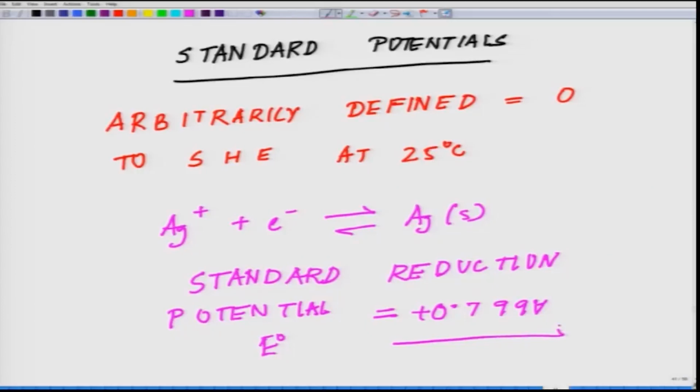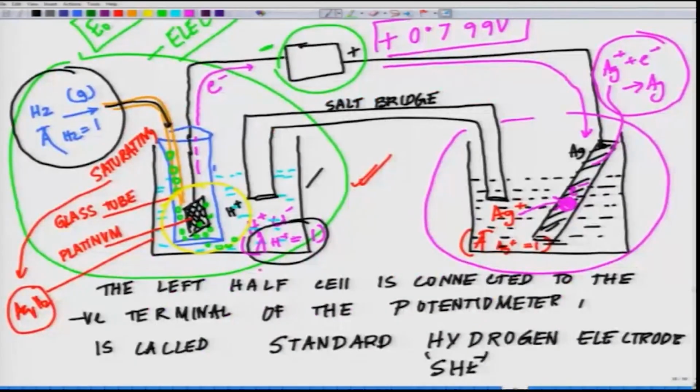Okay. And the positive tells us that the electron flows from left to right through the meter. So, the electron is flowing from left, this is your left and this is your right, and electron flow is happening like this. That is what gives you a positive value out here.